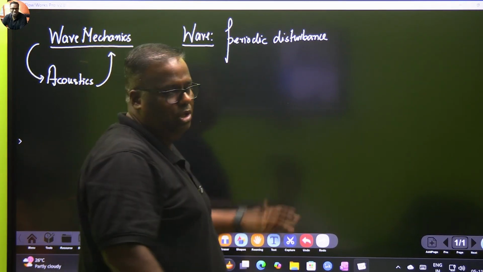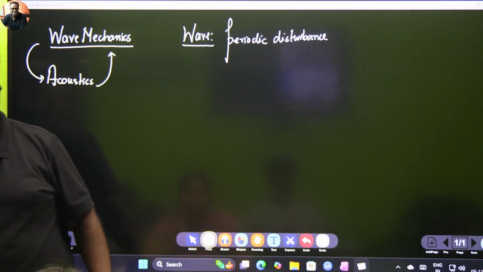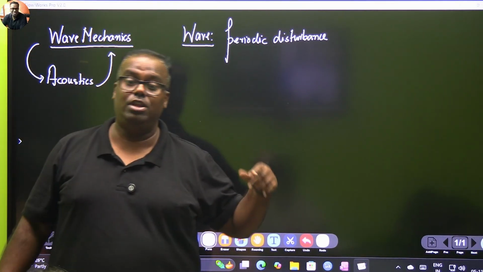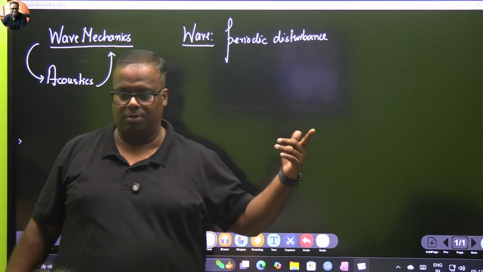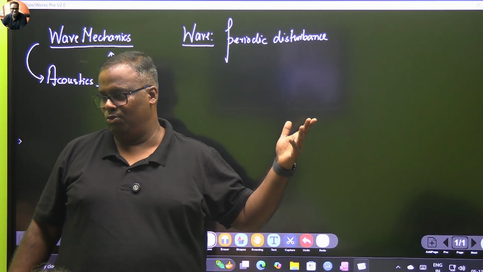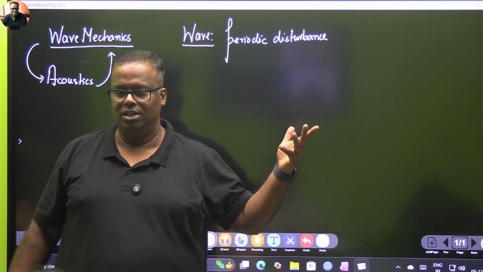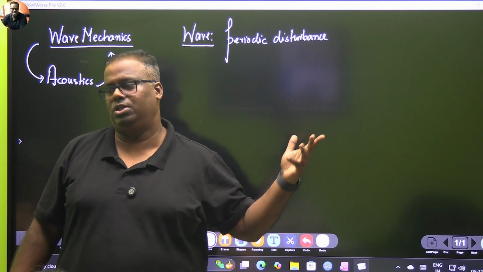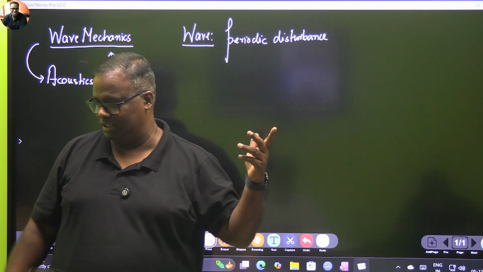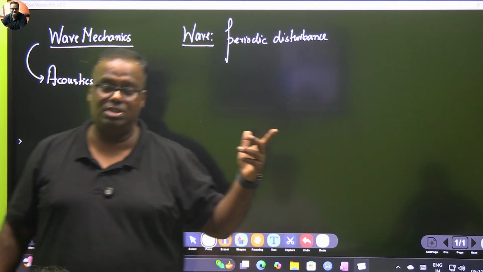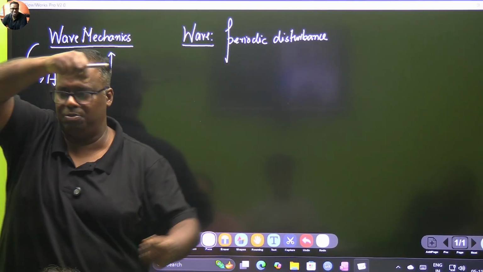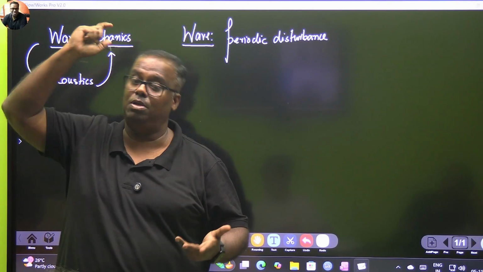Periodic means you can actually predict when the next tick will come. For example, a washing machine running in the neighbouring house is bad and makes a noise. So you know the next beat will come after this time. You can predict it. That's a repetitive motion. Like a pendulum oscillating, tuck, tuck, tuck. That is periodic. You can represent it by a wave.